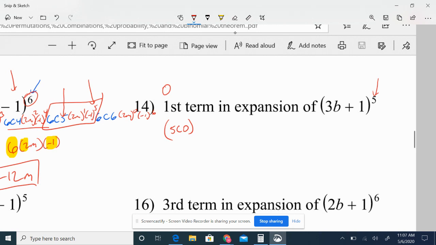And then I have my 3b and my 1. Now let me worry about my exponent. How much is 5 minus 0? I start with the exponent, 5 minus the term. And you'll say, well, that's 5. That's exactly the number I'm going to need here.